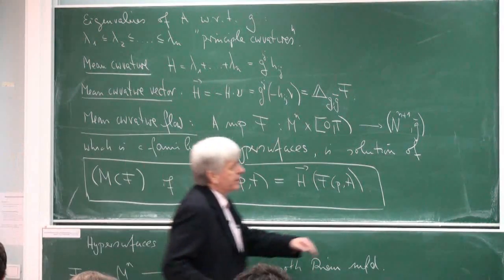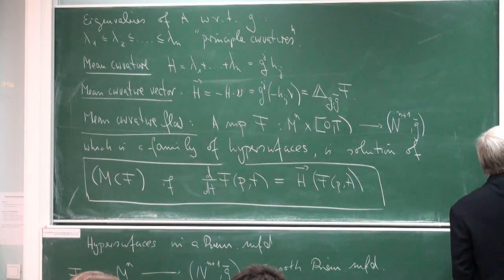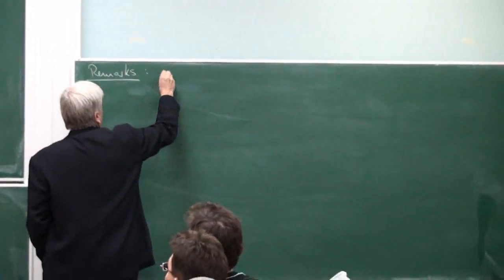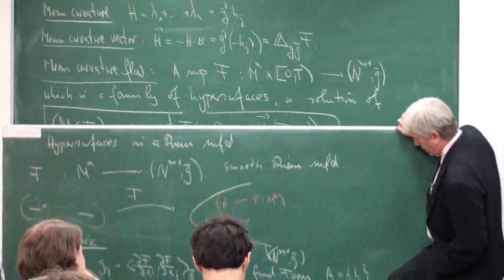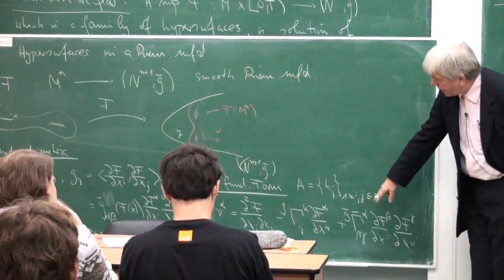So, from an analytic point of view, this is a second order system of partial differential equations. And as I explained to you, it is nonlinear. You see, it's quadratic in the first derivatives of f.